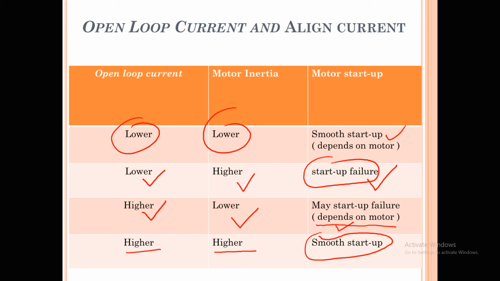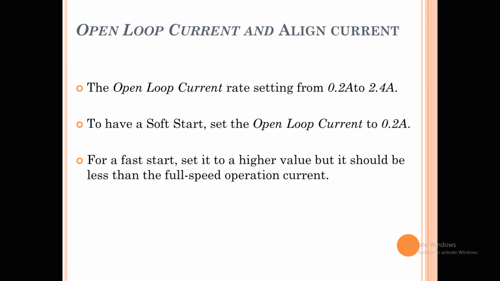So I hope you're getting some basic idea how to select these values. These are the basic guidelines you can usually follow for the open loop acceleration current.